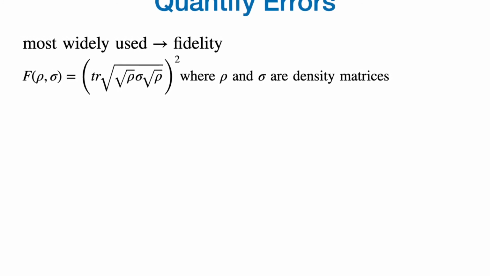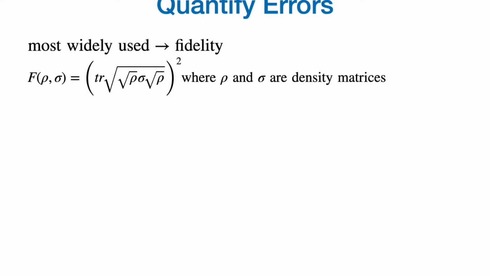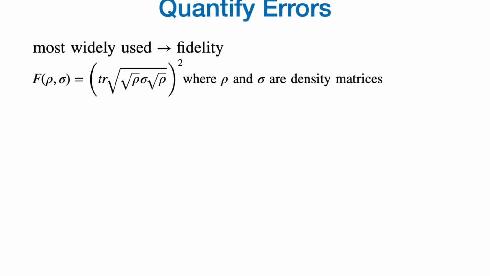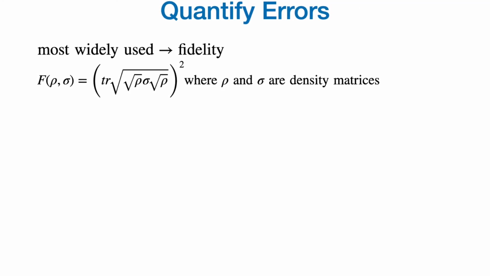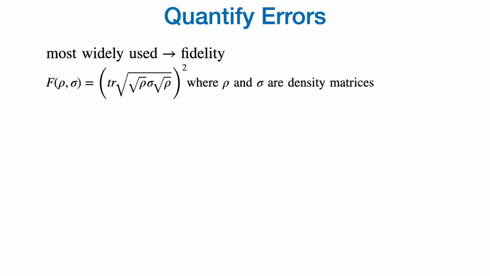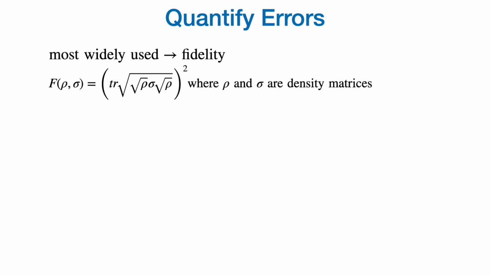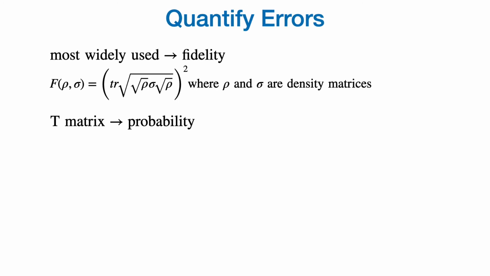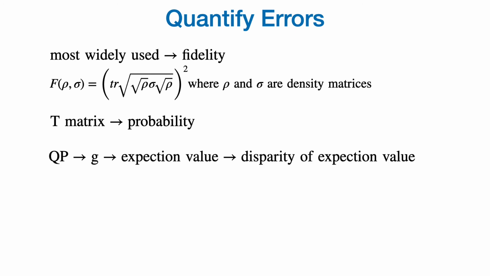when we record error information in the transition matrix or quasi-probability decomposition, we are also recording the closeness of noisy observables to the ideal ones. In the transition matrix, we use probability. In quasi-probability decomposition, we work on expectation value.